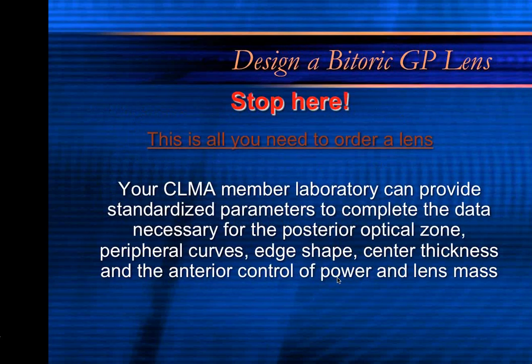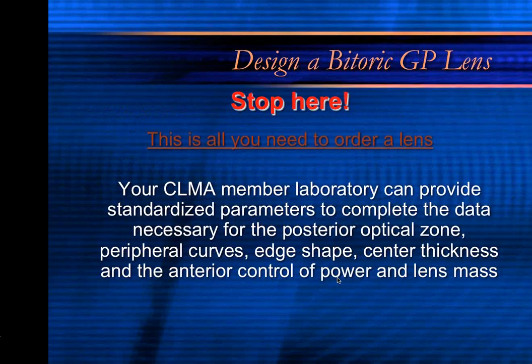Really, all you have to do is provide them with base curve radii and powers, and they really can take it from there. They can provide it with a compatible material, appropriate diameter, a toric periphery, and they can make a lens that will very likely be successful. So please keep that in mind.